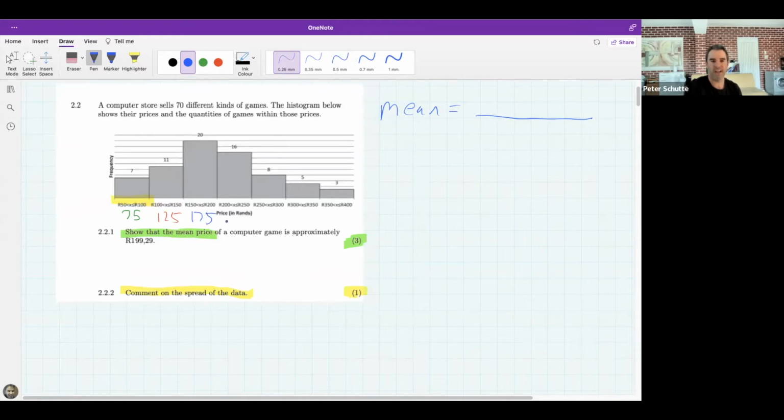So if that's the case, what do we do to calculate our estimated mean? Also, normally with the mean, you need to know how many different items there are. So how many items are there in this data set? Maybe that could be helpful. Anybody know what the number over here is going to be?